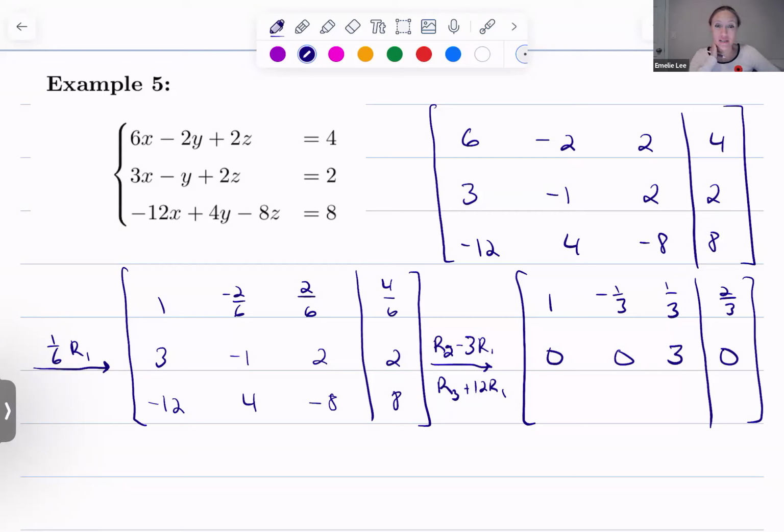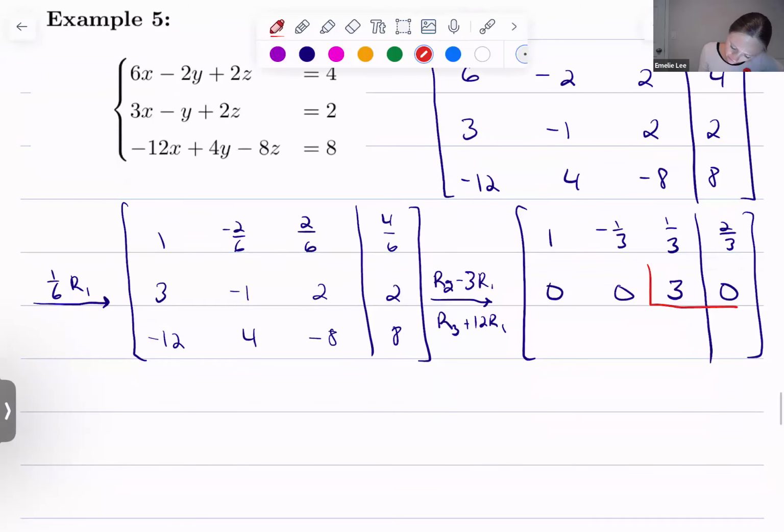That's the problem, isn't it? I think we found it. I know we found it. I'm not even going to bother with the rest of the row operations because there's no way out of this, right? The problem here is 3z is equal to 0, but 3 can never be 0. Huh?